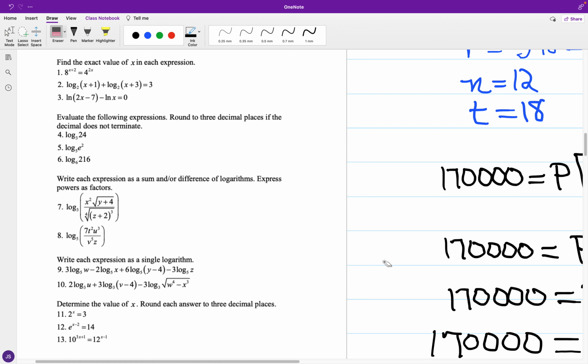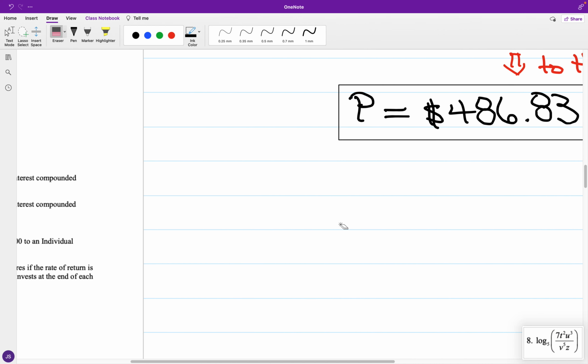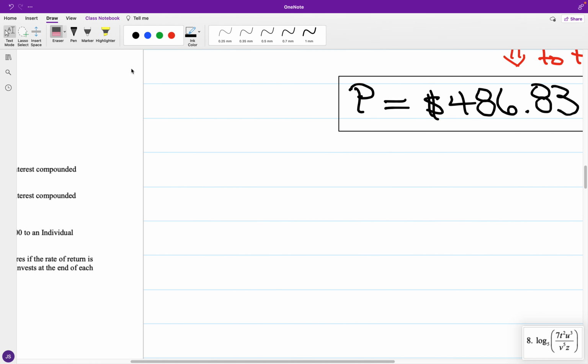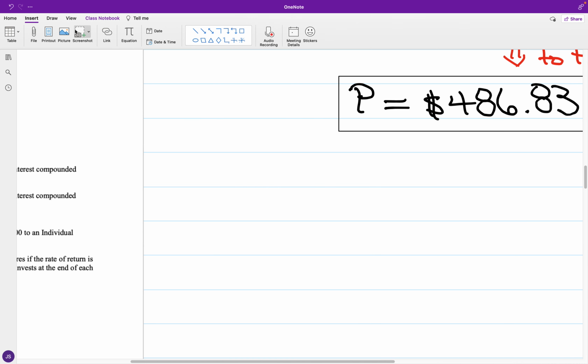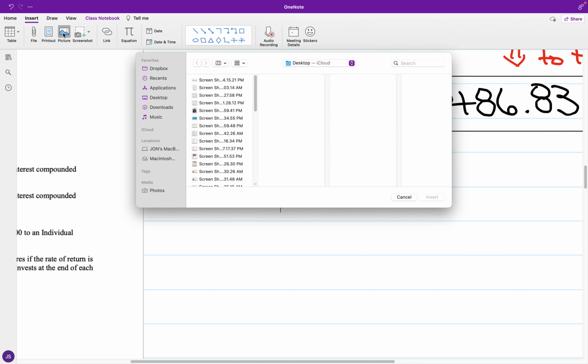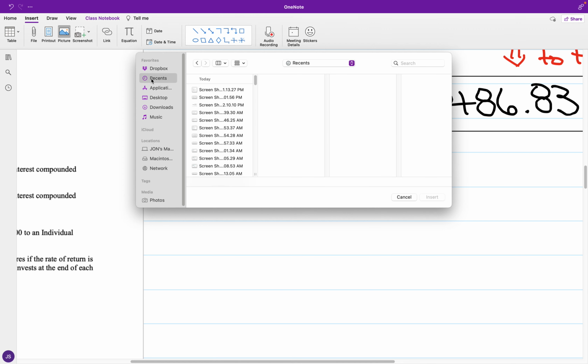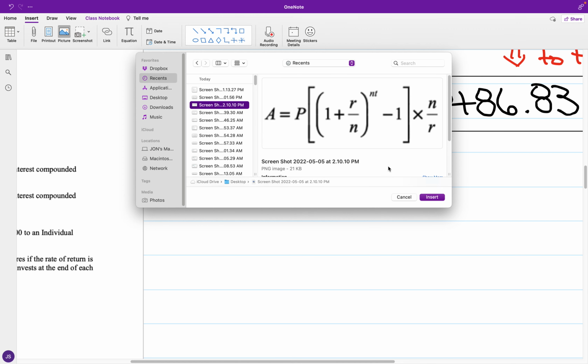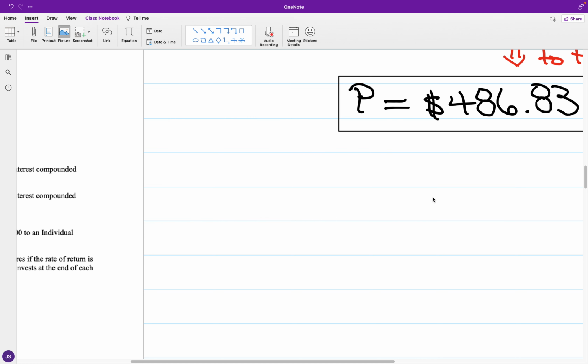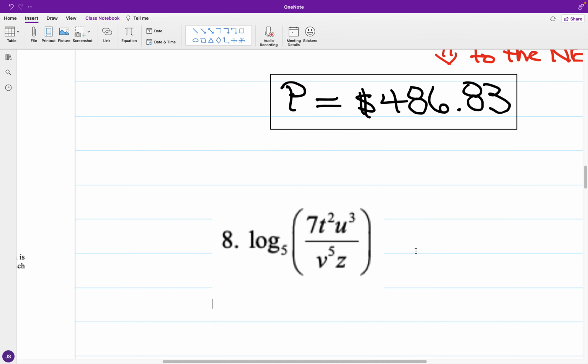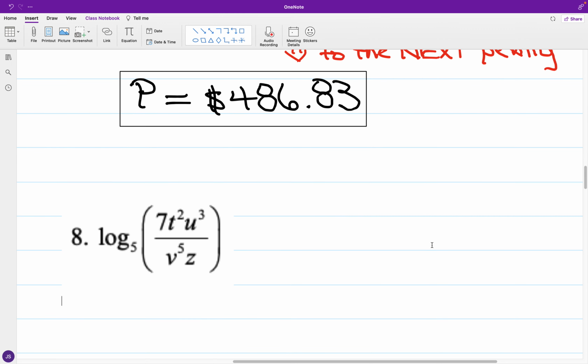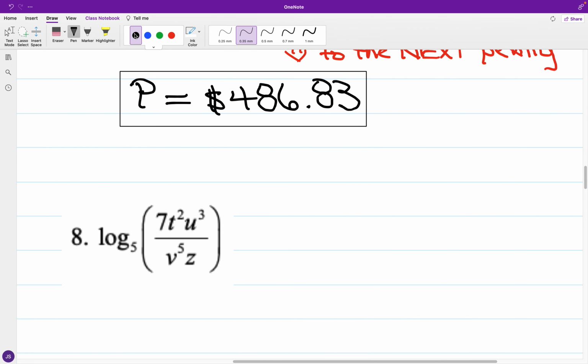For this problem, number 8, we're looking at the base 5 logarithm of this particular ratio, which is a multivariable expression, and looking at expanding it into sums and differences of logarithms.